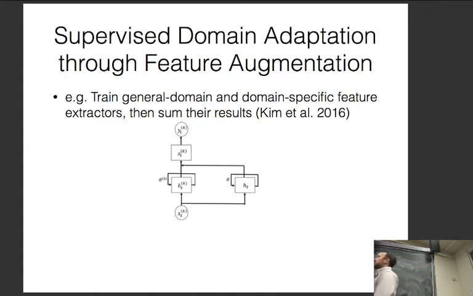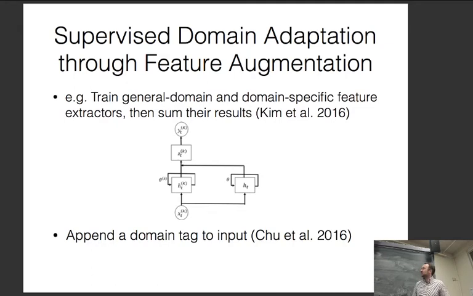The reason this might be a reasonable idea is that the general domain encoder will extract most of the stuff you need, and then the domain-specific encoder just has to find all the other stuff that is specific to the domain. It doesn't have to find things that will work anywhere, but it can find the domain-specific features.